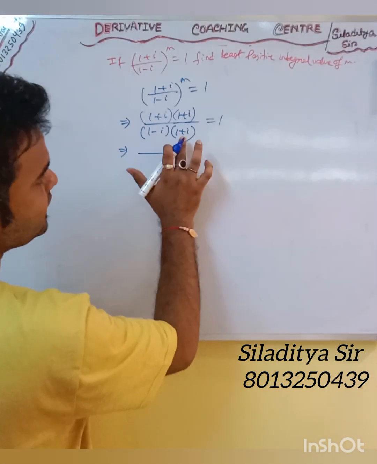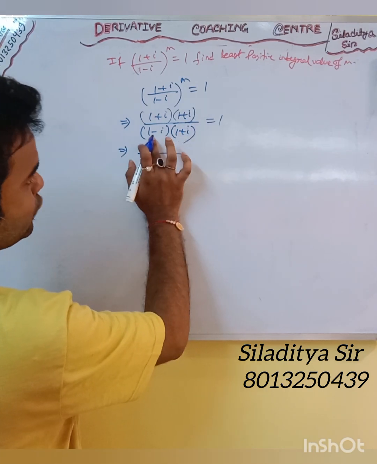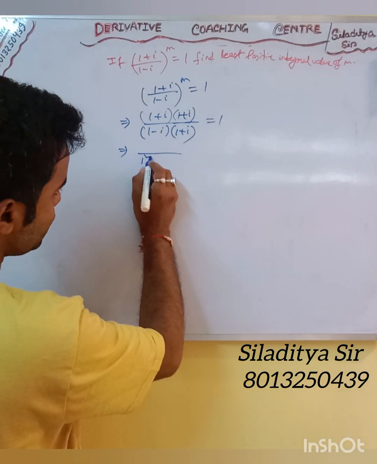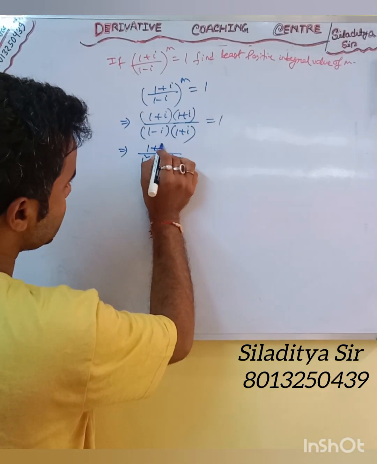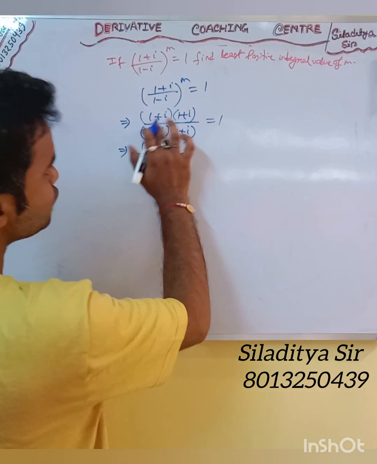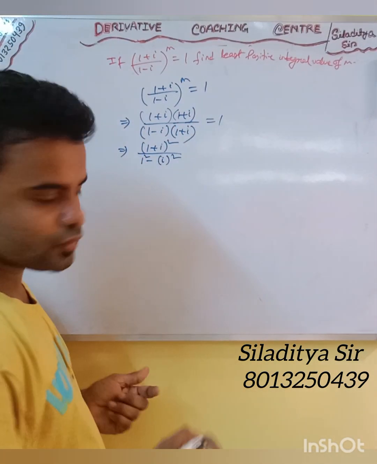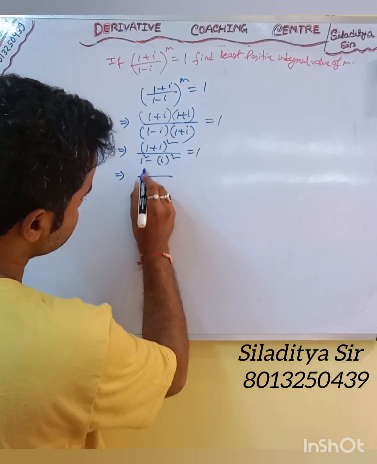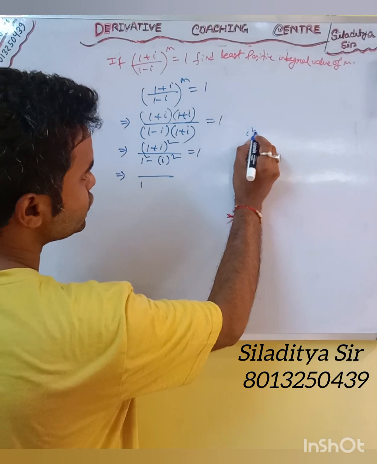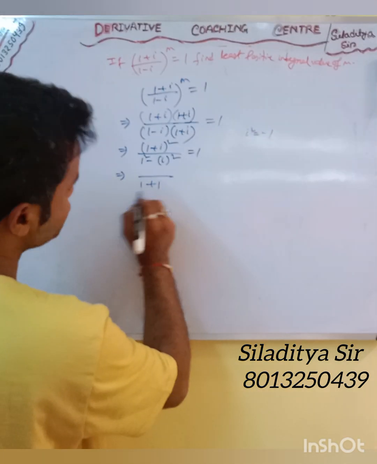Now after the formula, a plus b into a minus b is a square minus b square, and the numerator is 1 plus i whole square, that is 1 plus i into 1 plus i. Now we get the value: 1 square means 1 and i square means minus 1, and there is the minus 1, so minus minus is plus 1.